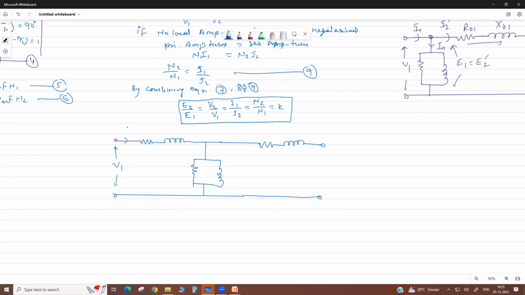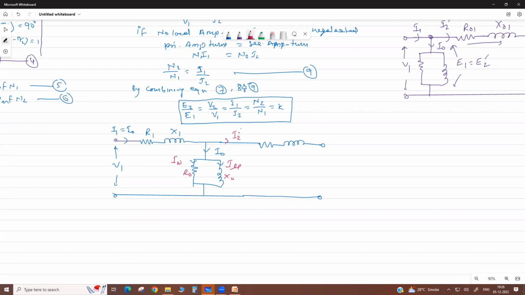Then this transformer takes a no-load current, only I1 equals no load. This is R1, this is X1, and here this is I0, which has two components: loss and magnetizing component, R0 and X0.